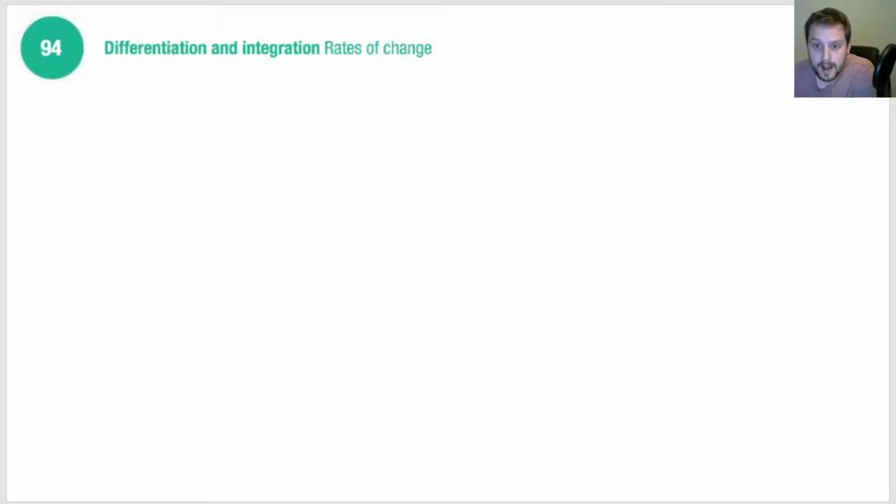So if you have a distance time graph and you differentiate it, you get the velocity. So the derivative of distance with respect to time, which is distance over time, which is speed. If you do dr by dt, that is velocity. All of this is summarized on page 94.